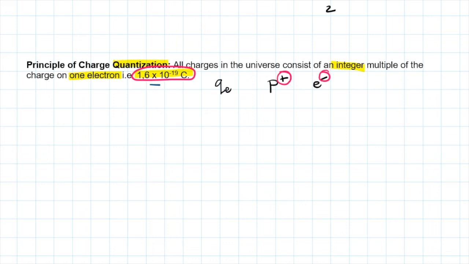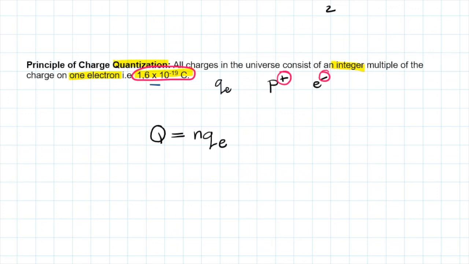What the principle of quantization of charge says is that if an object has a charge, then that charge is some number that is an integer multiplied by the elementary charge, the charge on one electron or one proton.